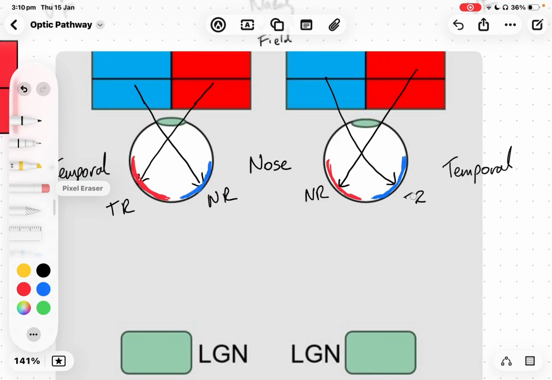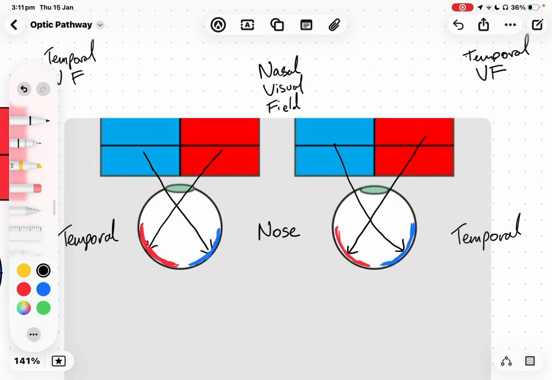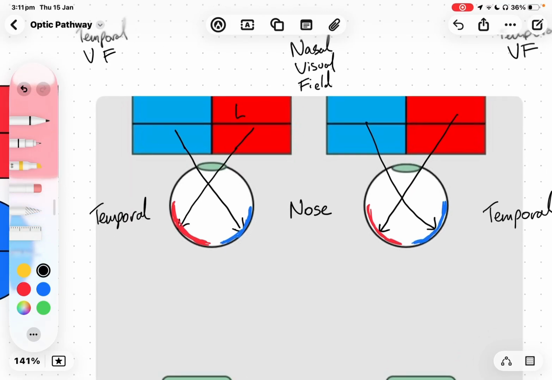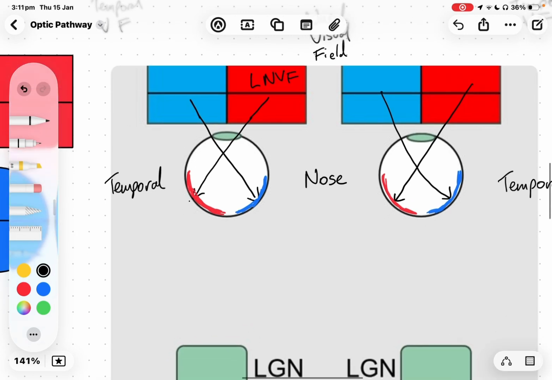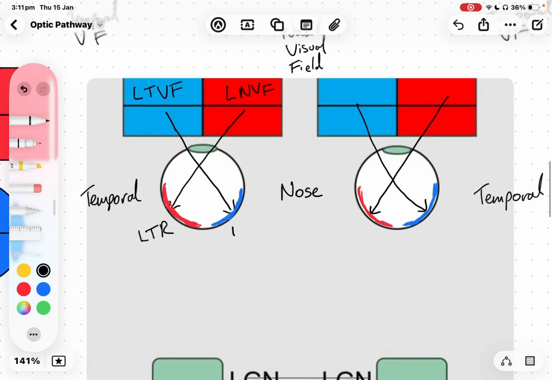Okay? And then the other thing is to not forget, you need to explain which eye you're actually talking about when you start talking about the retina. So what we have first is we're going to say that the left nasal visual field is going to be detected by the left temporal retina. But then the left temporal visual field is going to be detected by the left nasal retina.